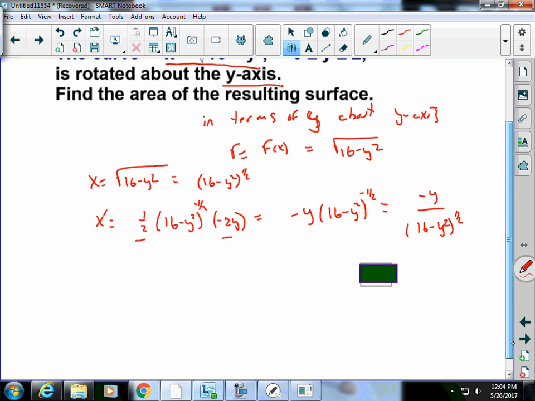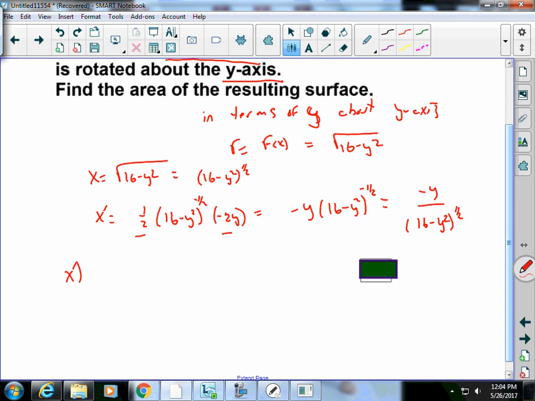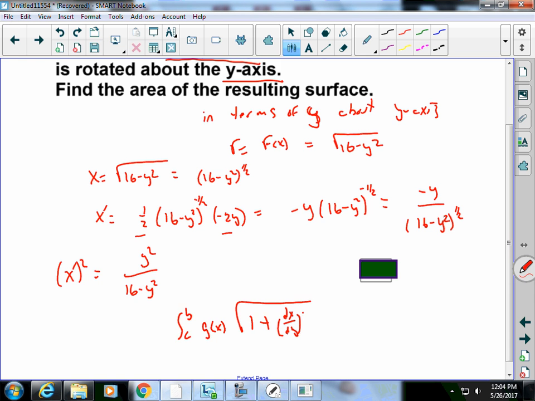That's only x prime. I need to know what x prime squared is. So I square everything. The minus y squared becomes y squared. And the denominator is just 16 minus y squared because it's a half. When I square the half, I get 1. So let's look at what I have. Well, actually, let's write the function. This is going to be the integral from a to b of g of x times the square root of 1 plus dx/dy squared dy.